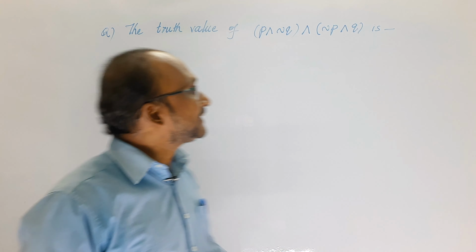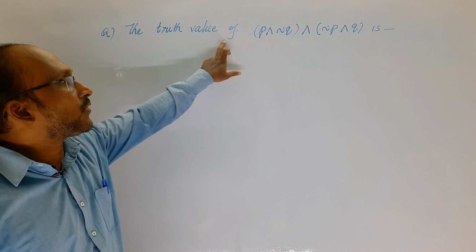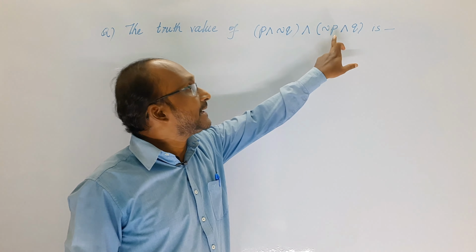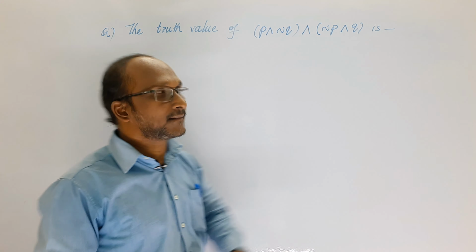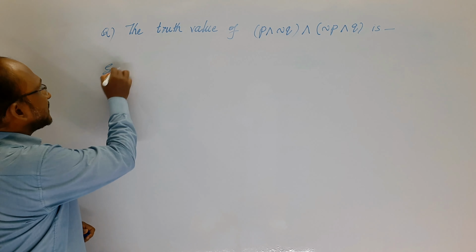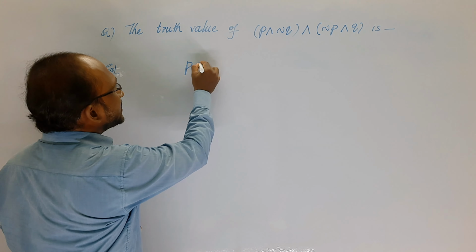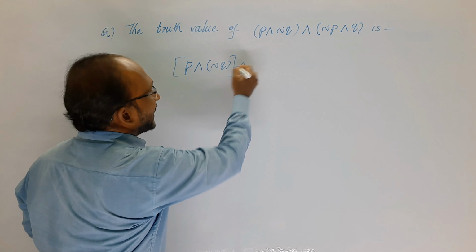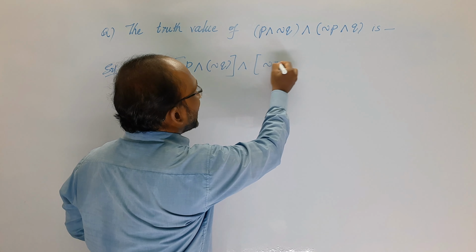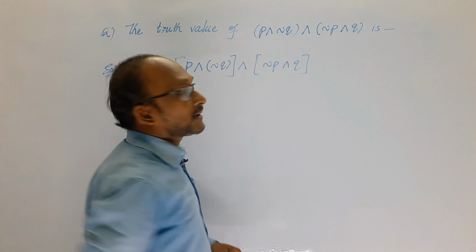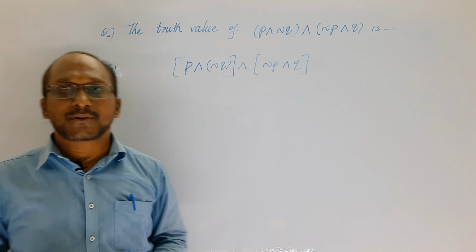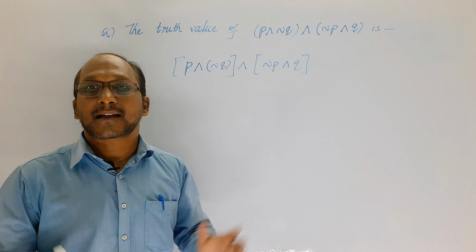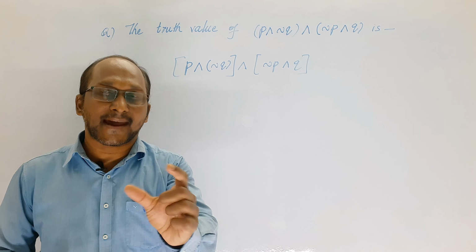Students, now let us see this one. The truth value of the compound statement P and negation Q and negation P and Q is. First, let us take the given compound statement, that is P and negation Q and negation P and Q. If you observe this compound statement, the different statements are connected with the connective and.